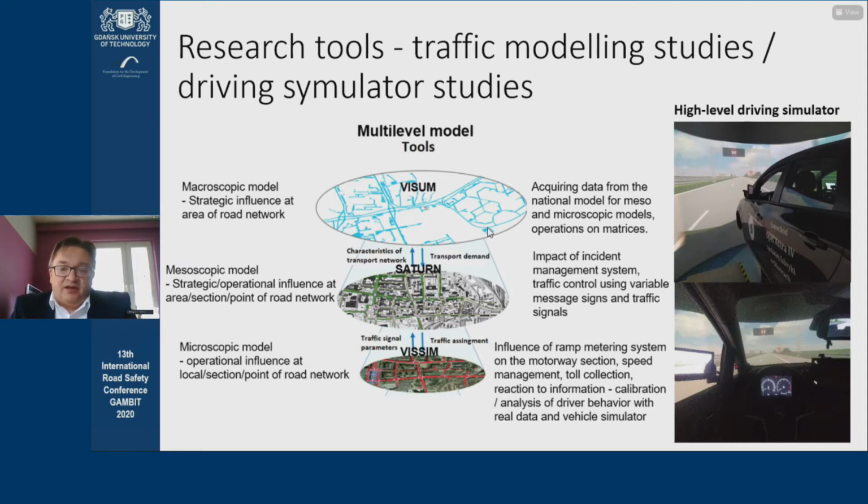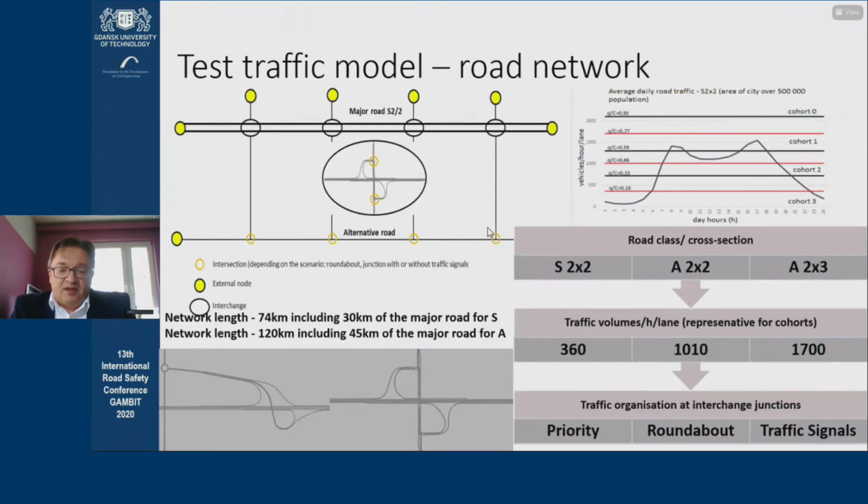When we did our studies, we compared the vehicle trajectories from simulation studies. In our study, we used a test traffic model, which we developed for the corridors of Polish motorways and expressways. The test models were developed looking at road class and the actual road network.